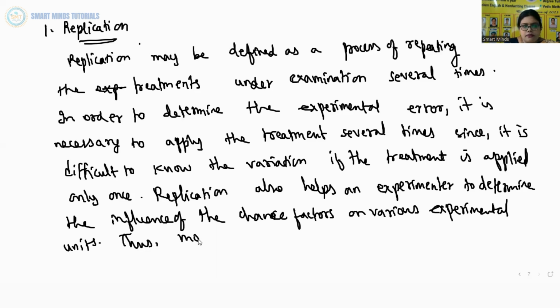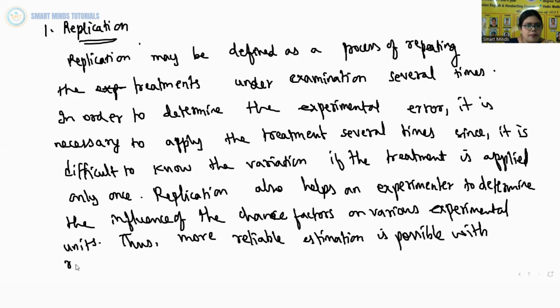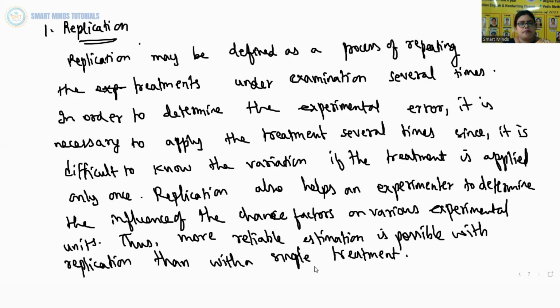Thus, more reliable estimation is possible with replication than with a single treatment. So you can easily figure out the errors if you are doing replication, like when you are treating multiple times.